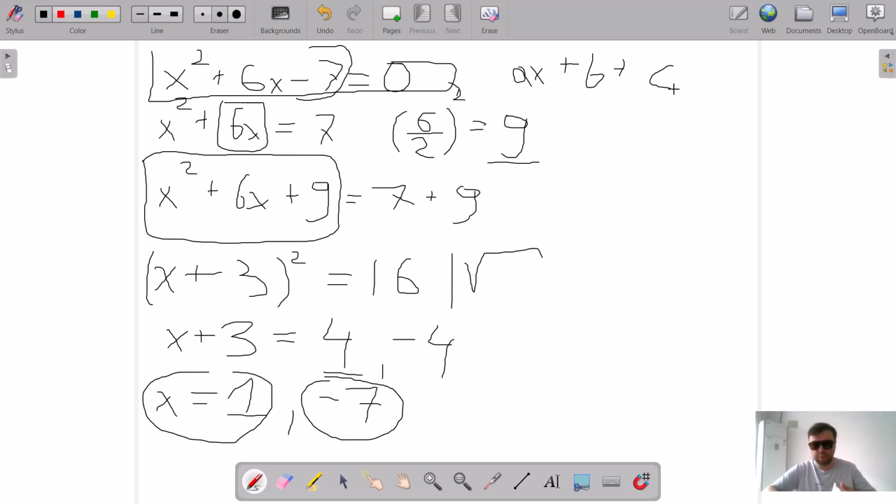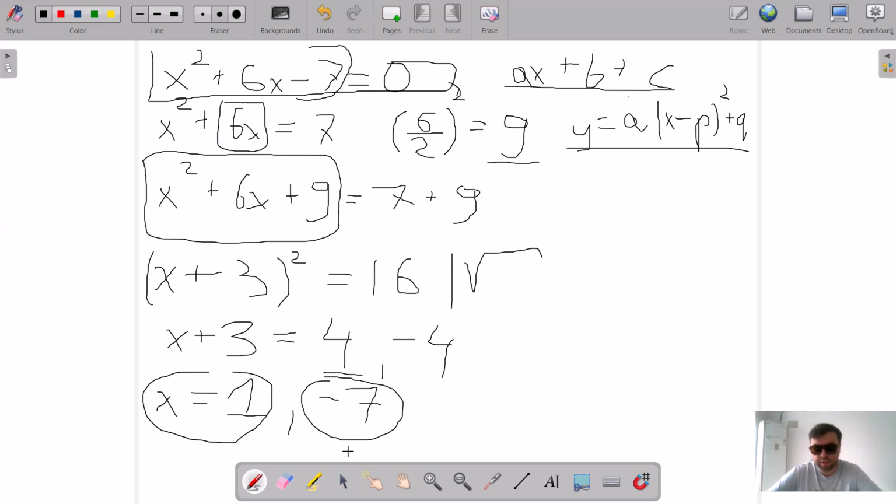But we want to have a vertex form. Vertex form is like this: y equals a times (x minus p) squared plus q. So we want to convert this standard formula to vertex formula, and I will show you that we can do it much faster by slightly modifying the completing the square method.